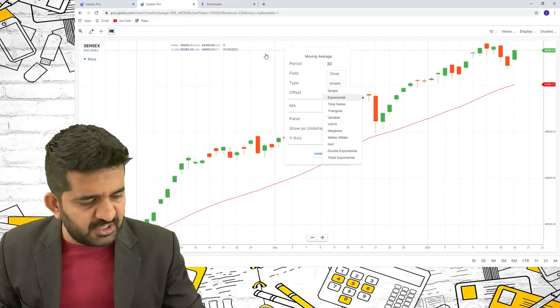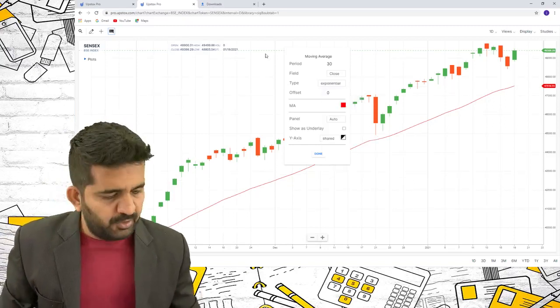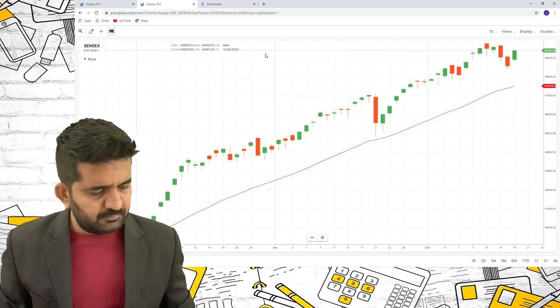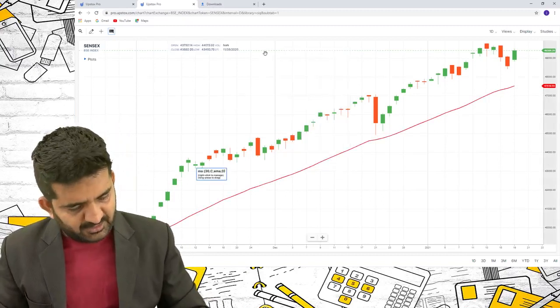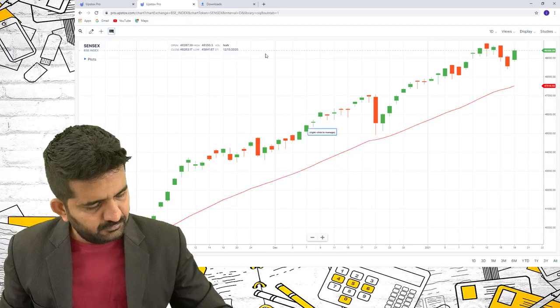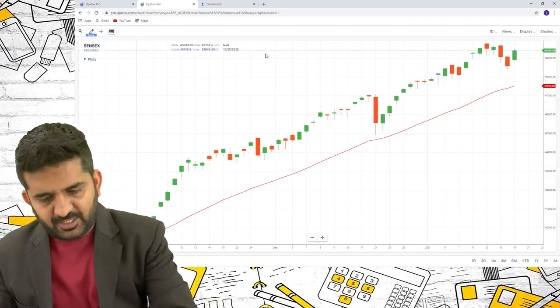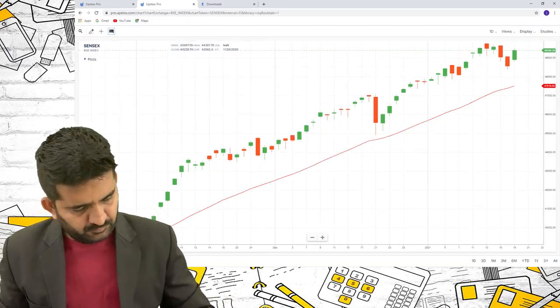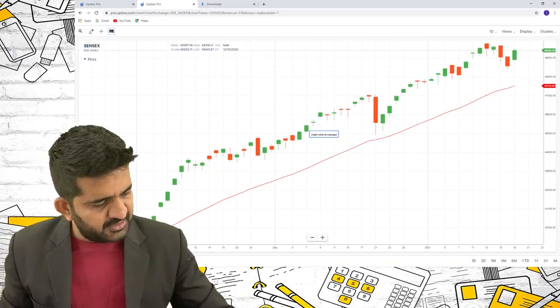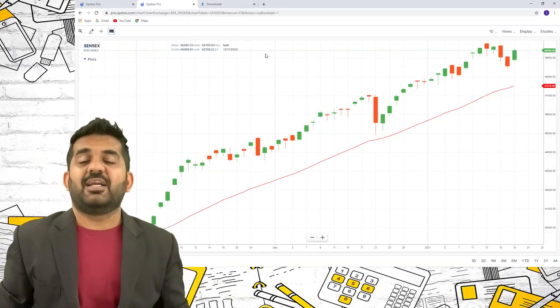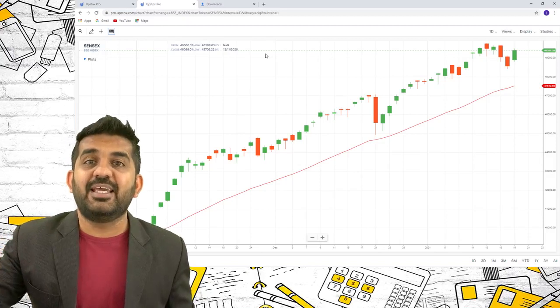In exponential moving average, latest price will be given more importance. The red line which you can see is nothing but the EMA line.